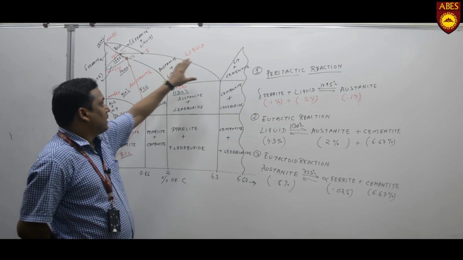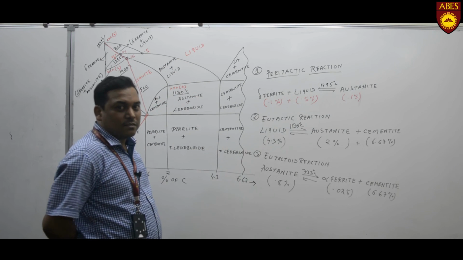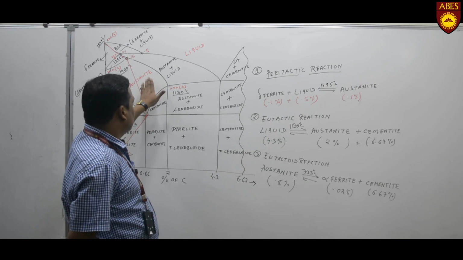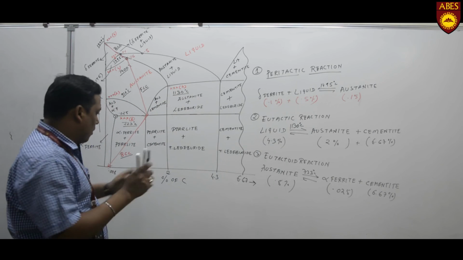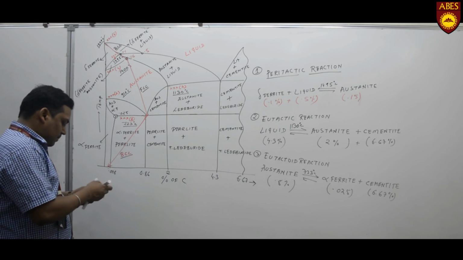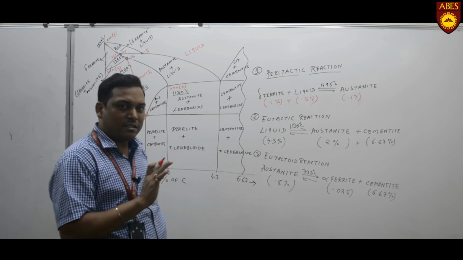From the austenite, and this is the liquid section, obviously when the temperature is high, the liquid is produced. So these are the reactions and all the data we have to extract. Now the iron and steel also come out of this diagram.